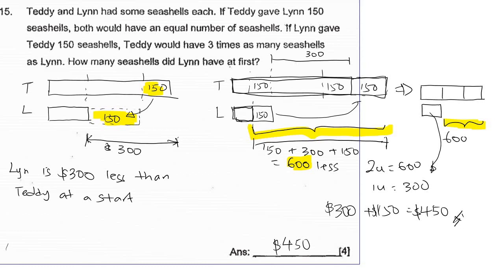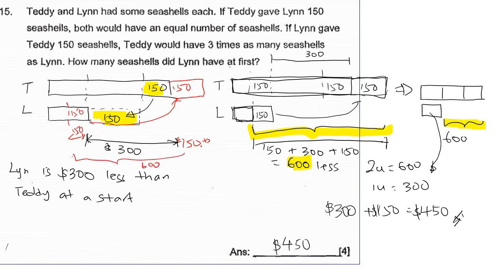So when I say that if Lynn gave 150, so in this case I give $150 to this guy here. So 150. I already know that this portion here is 300. So I know that here is 150. Here is also 150. I will have 600 difference now.